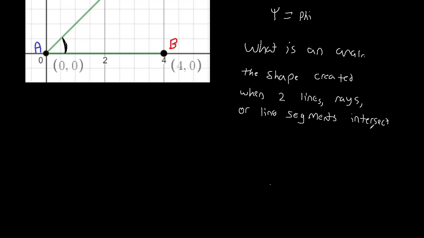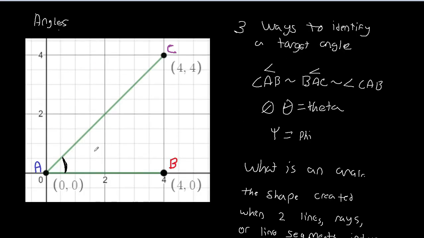I'm going to be redundant here, and say intersect at a common point. I'm being a little bit redundant because intersect does usually mean a common point, but just to spell it out: an angle is the shape that is created when two lines, rays, or line segments intersect at a common point. So let's go up here and look at this.